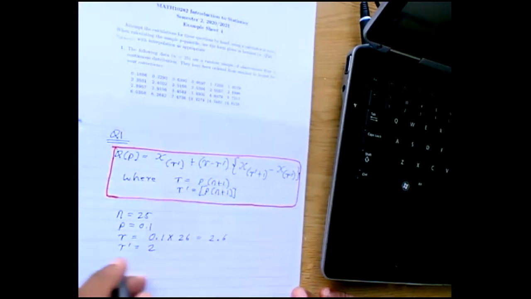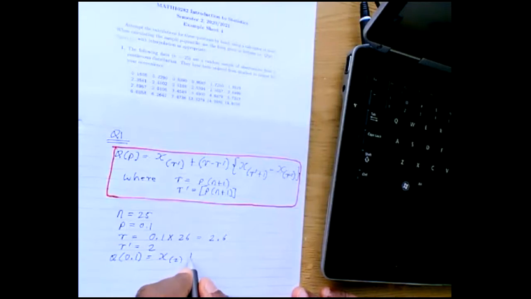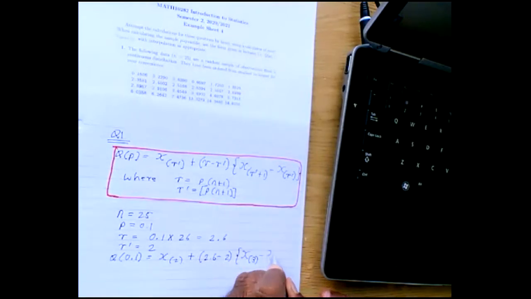All right, so using this formula, q at 0.1 will be x2 plus, this means the second smallest data, right, 2.6 minus 2, then x3 minus x2.